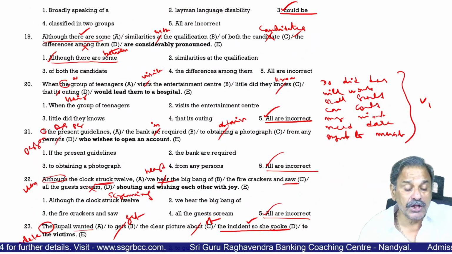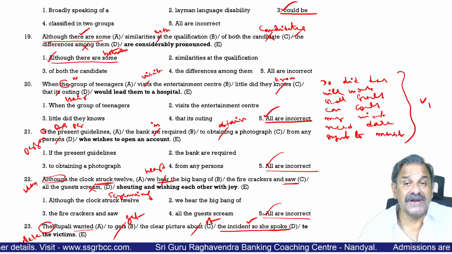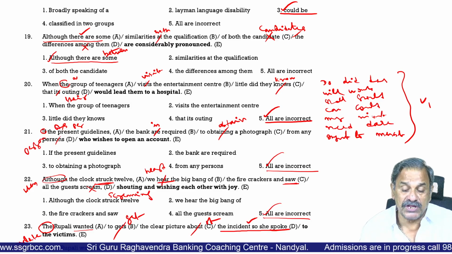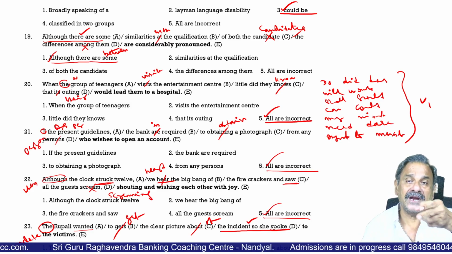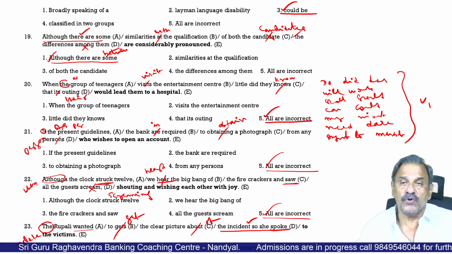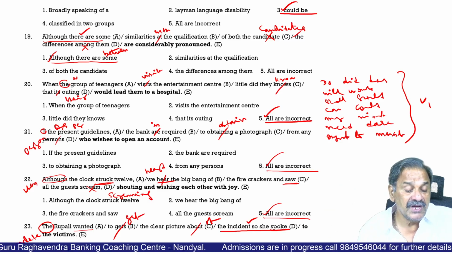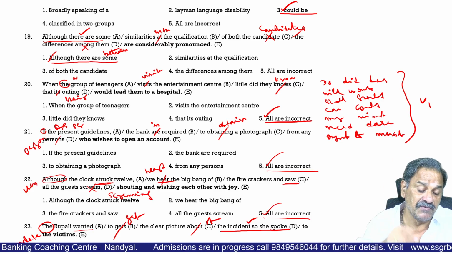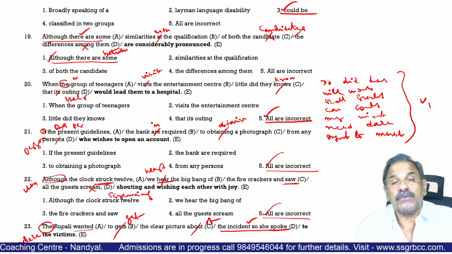Then, although there are some similarities with the qualification of both the candidates, both, so you have to use a plural noun, both candidates. The differences, both, only two. So you have to use: differences between them are considerably pronounced.